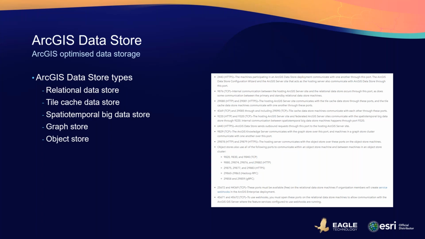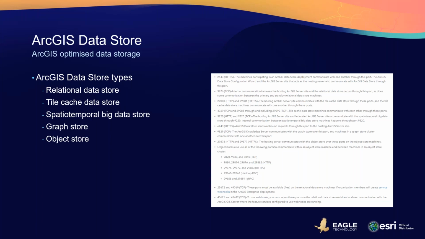This data store is a requirement of ArcGIS Enterprise, and we often install it alongside the ArcGIS Server machine on the same hardware. The tile cache data store stores your hosted scene layers and caches. Again, no overly special requirements with it.